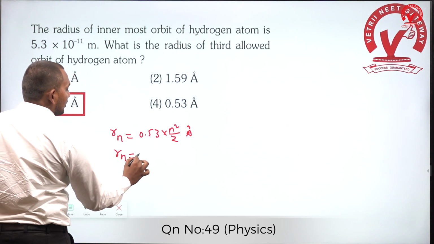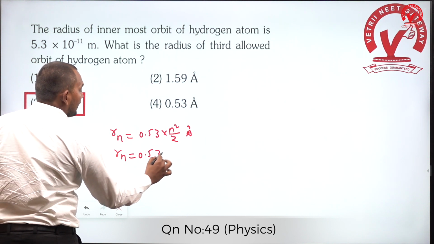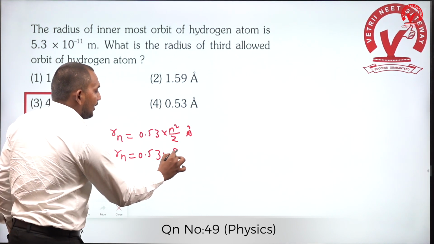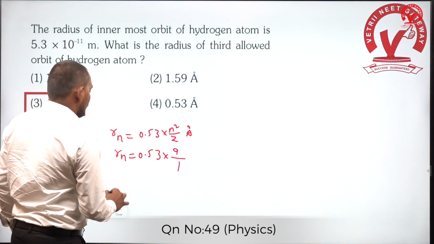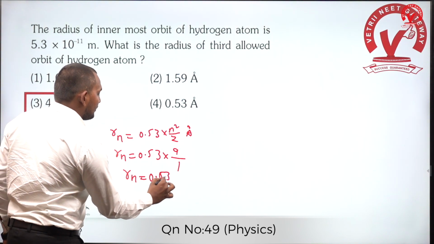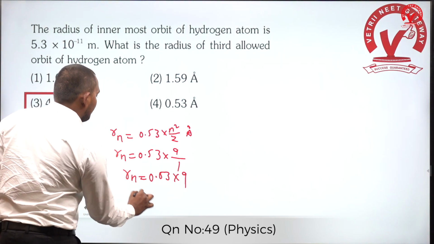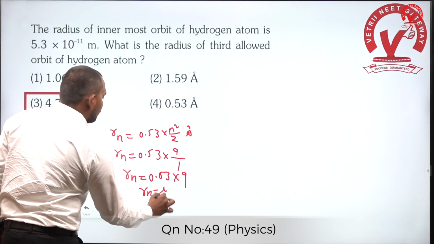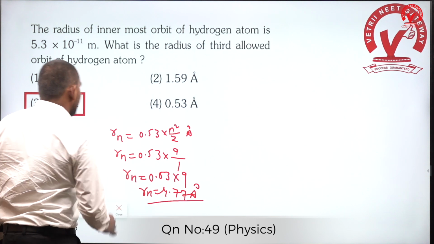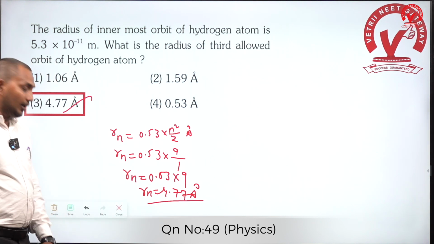Third, so 3 3s are 9, divided by Z which is 1. So Rn is equal to 0.53 into 9. We will get 4.77 angstroms. So option 3 is the correct one.